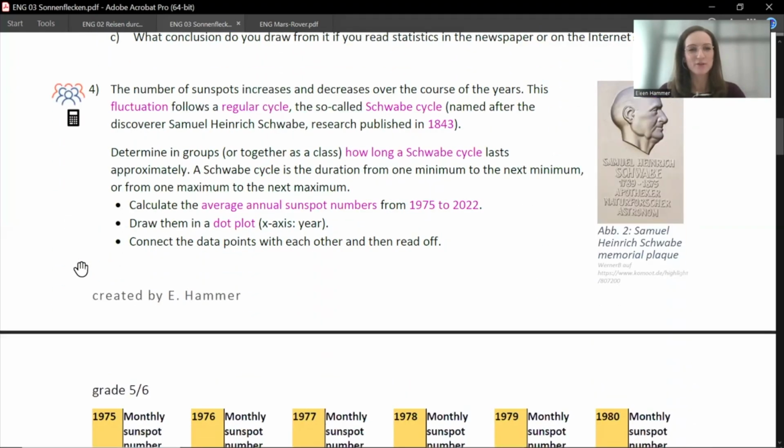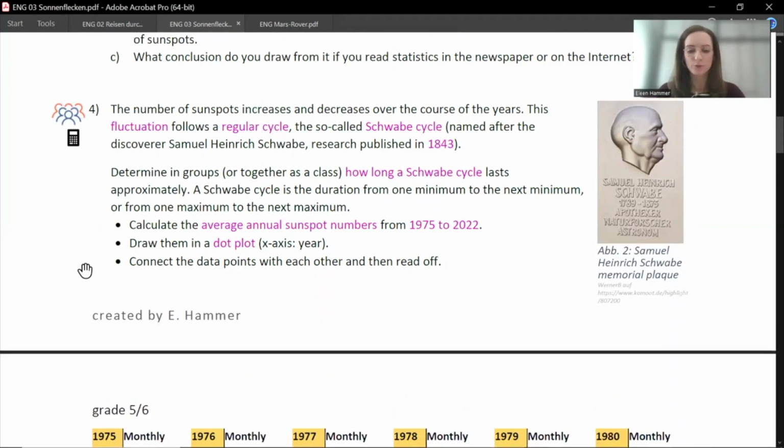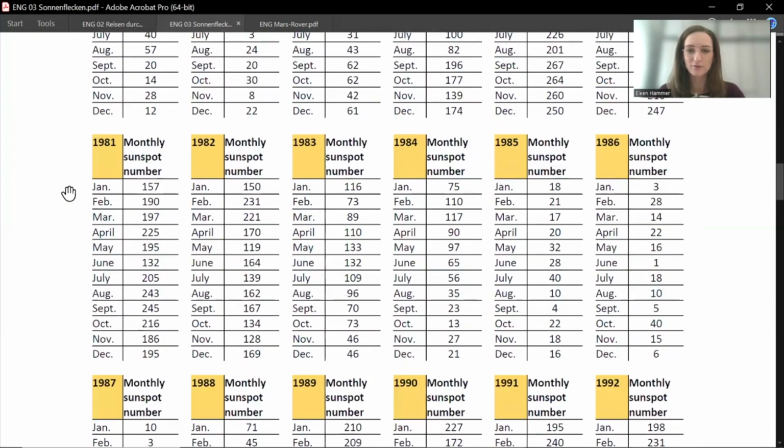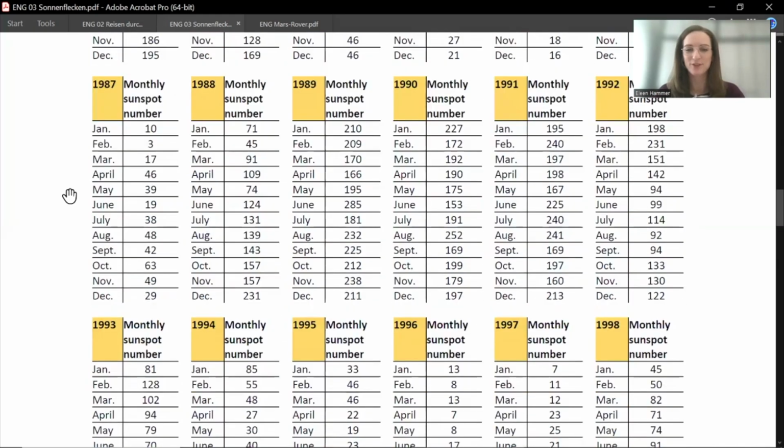And the fourth subproblem is a group work, or a task for the whole class, actually, because here they are supposed to rediscover the Schwabe cycle. So the fluctuation in the yearly numbers of sunspots. And we have a lot of data for that starting in the year 1975. So that's why it's a task for the whole class.